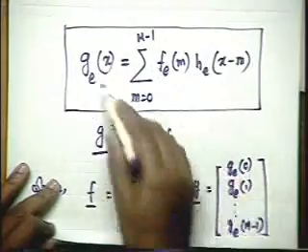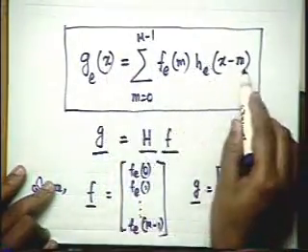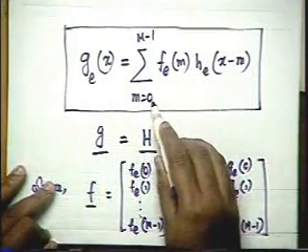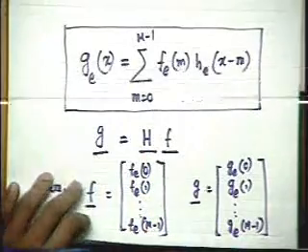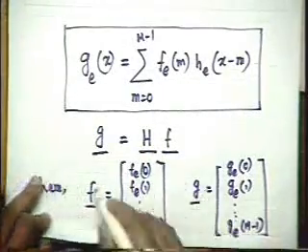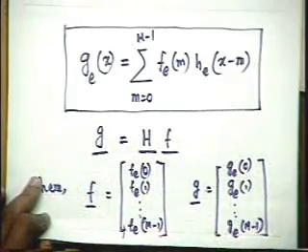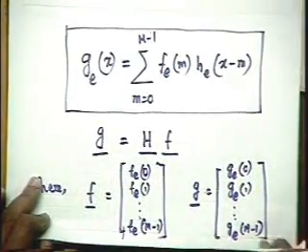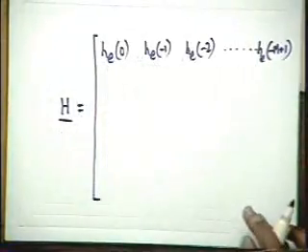Only to get the first row, I have put x equal to 0 and got the elements by varying m from 0 to capital M minus 1. Is that acceptable? I have already defined what this F vector is, what this G vector is. Fine.